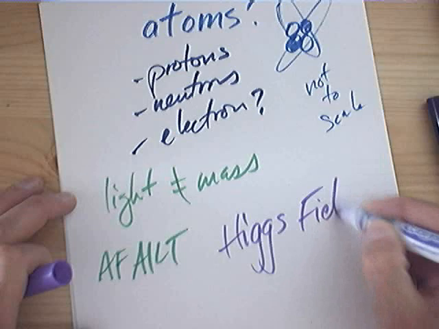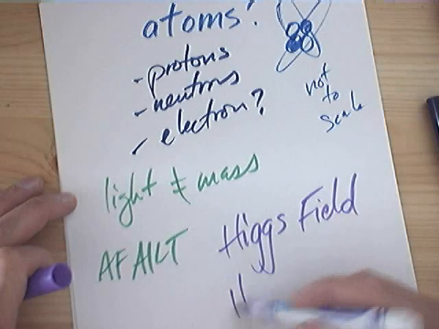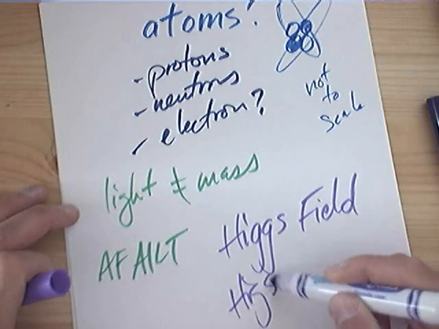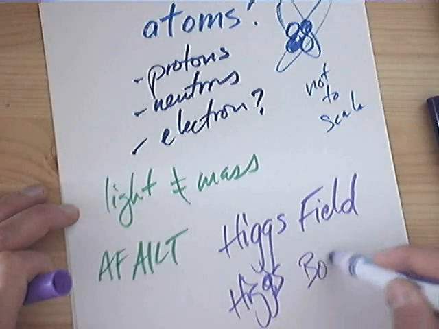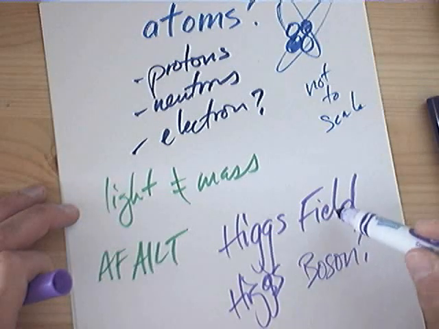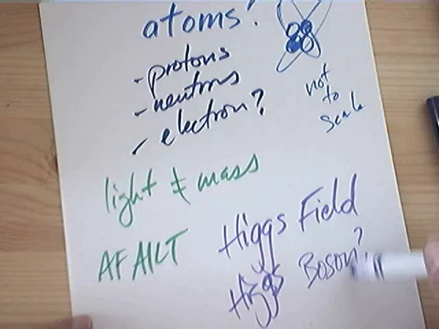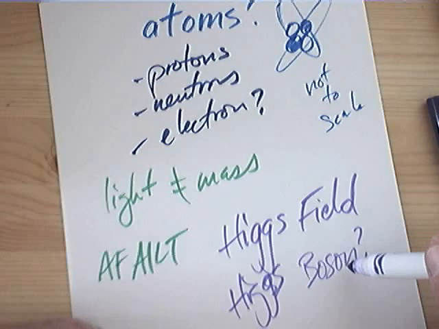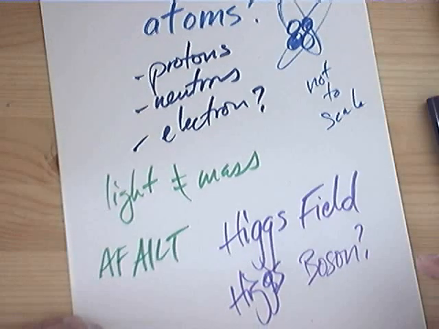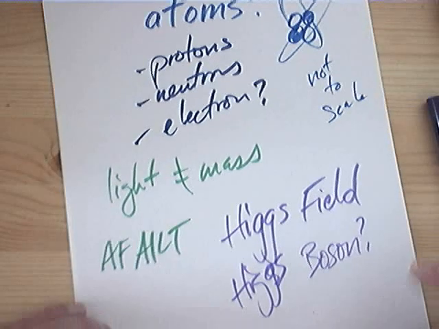What's that, you say? You want to know about the Higgs boson? The Higgs field predicts this thing called the Higgs boson, which then should give all things their mass. That's for another time, like way another time.